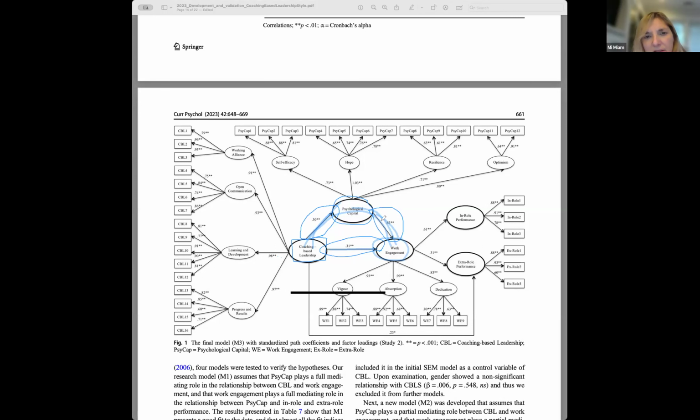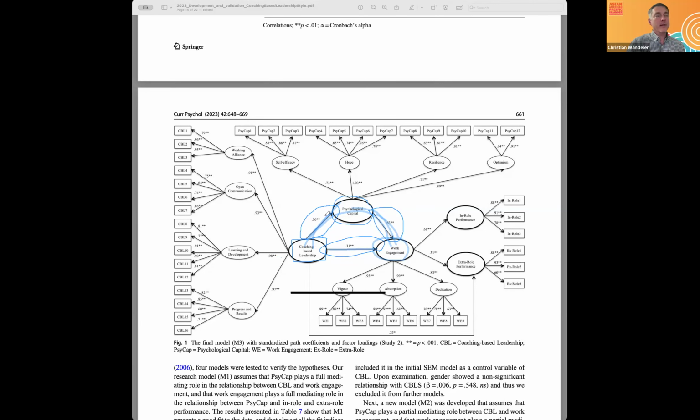So we pay a lot of attention to which way the arrows are pointing. That being said, the way you point the arrow is your theory, because in this instance this is all survey data captured at the same time.